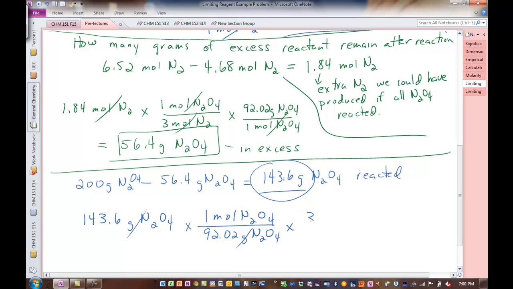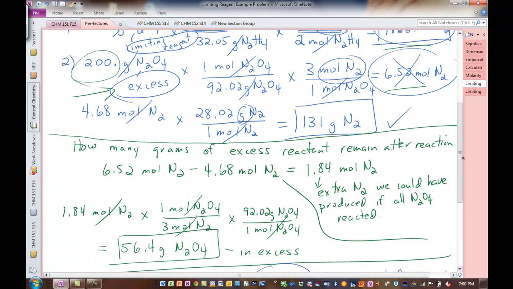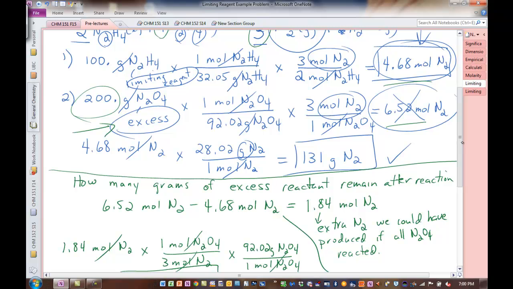And it was 3 moles of N2 for 1 mole of N2O4. Look back at your work. Look back at the equation. And guess what we come up with? 4.68 moles of N2 produced. Check. Right? We solved it correctly because that amount matches the amount we got from our limiting reagent.